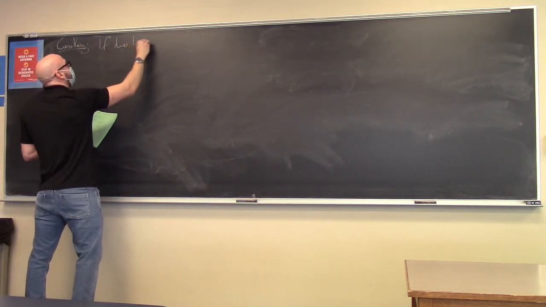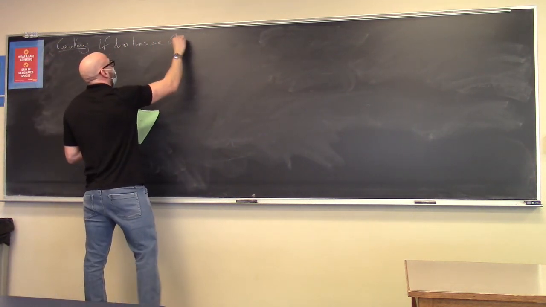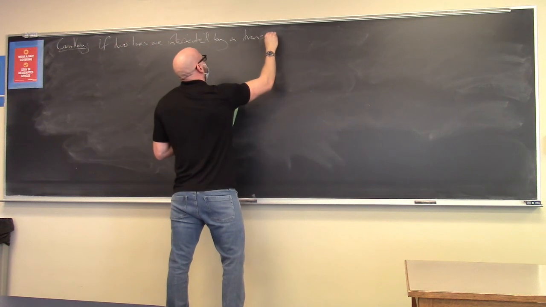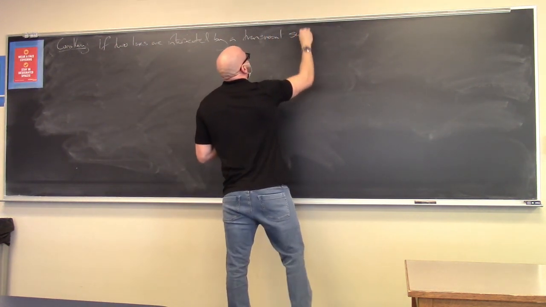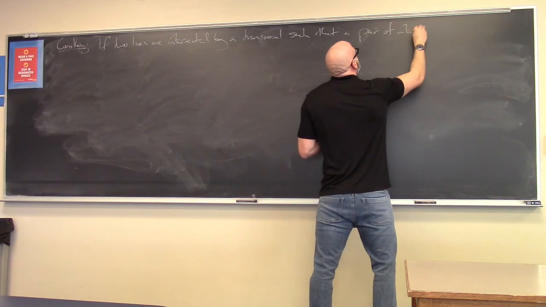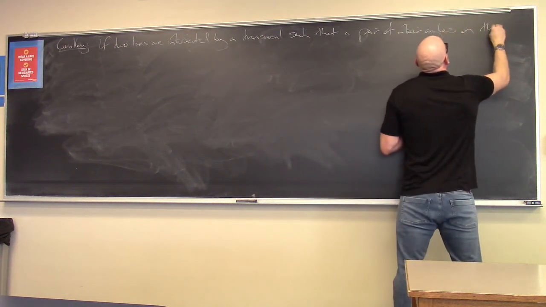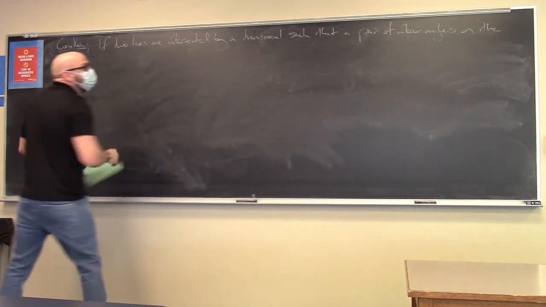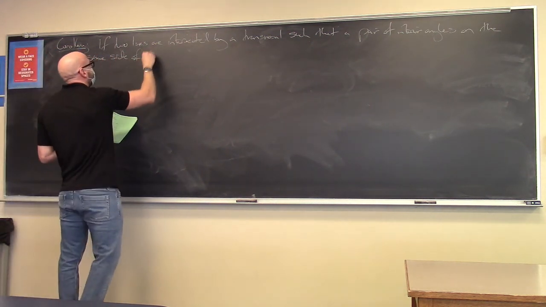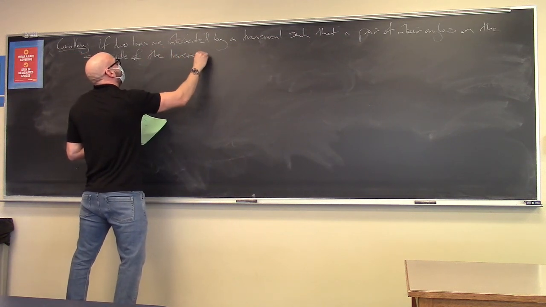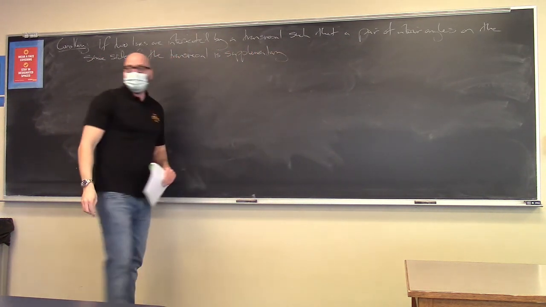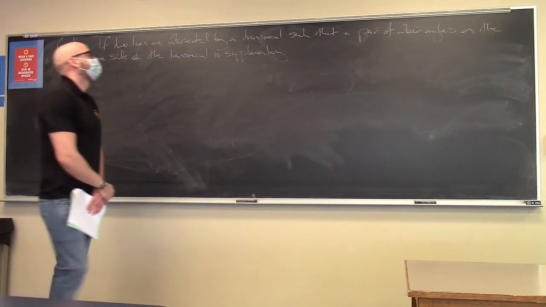If two lines are intersected by a transversal such that a pair of interior angles on the same side of the transversal is supplementary, meaning of course adding to 180 degrees, then the lines are parallel.